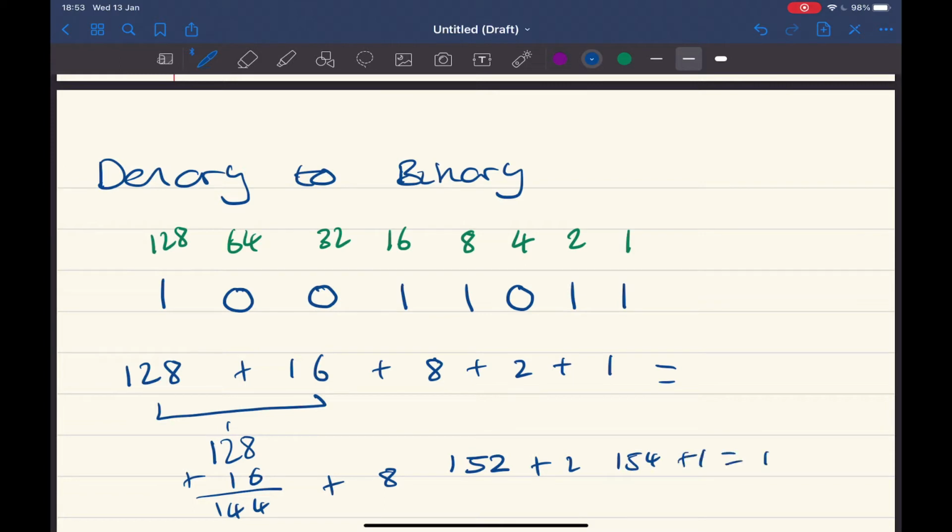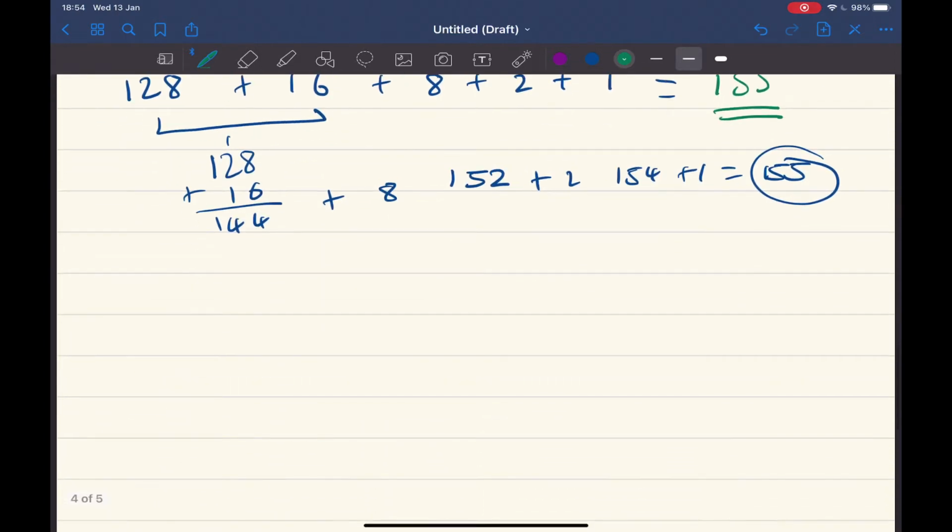Add the 2 is 154. Add the 1 is 155. So our answer here, this binary value here, equates to the denary of 155, the decimal number 155.